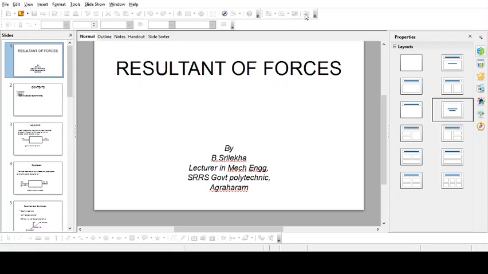So if they give 10 degrees north of east, it means you have to take the reference line east, and on the east you have to take, with the help of a protractor, 10 degrees and draw the line. Now they will give south of east. So again downwards you have to draw 10 degrees on the east, downwards like that.